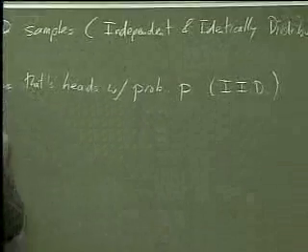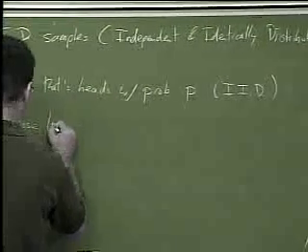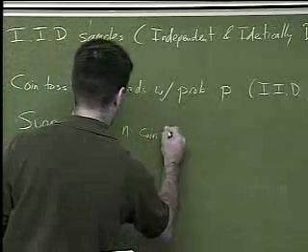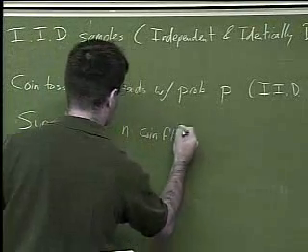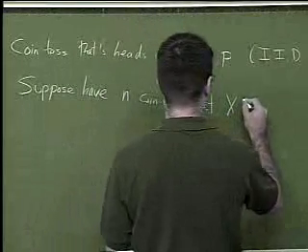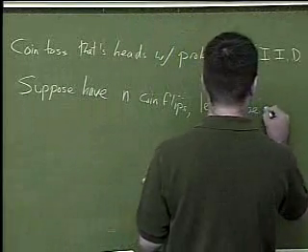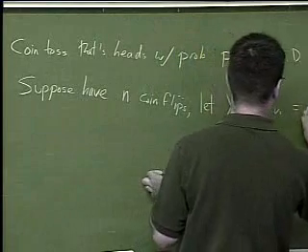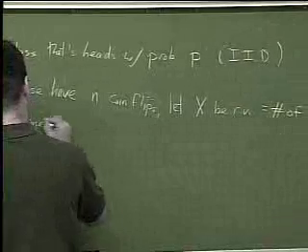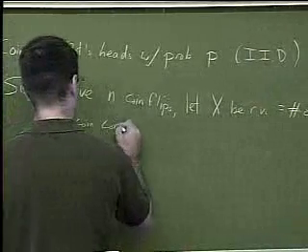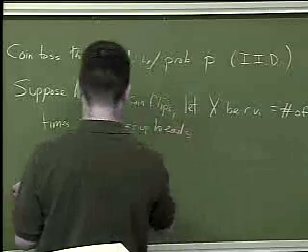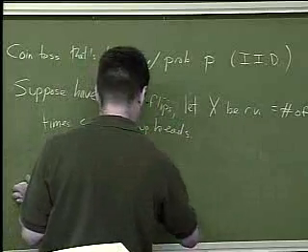Suppose we do n coin flips. Okay. Let x be a random variable equal to the number of times the coin comes up heads. What's the probability that x equals k?